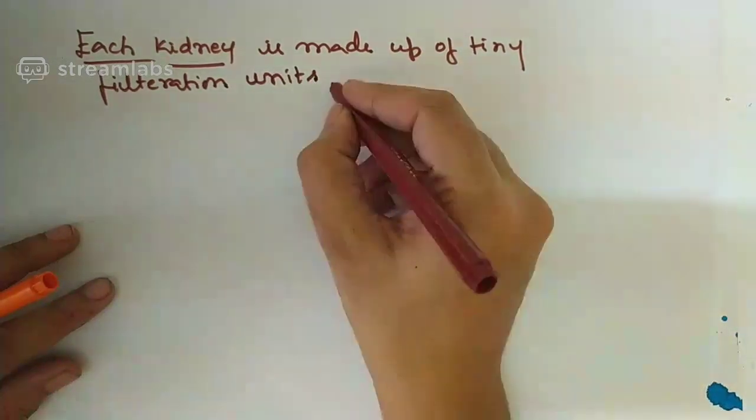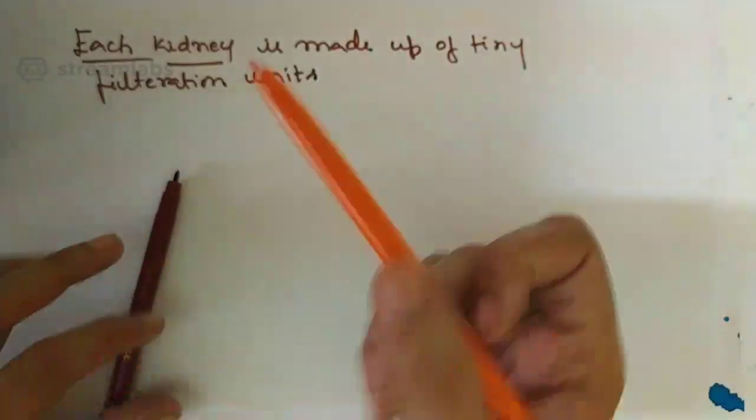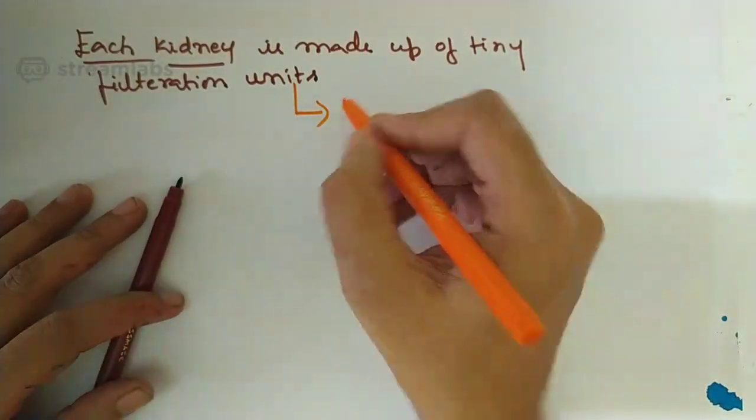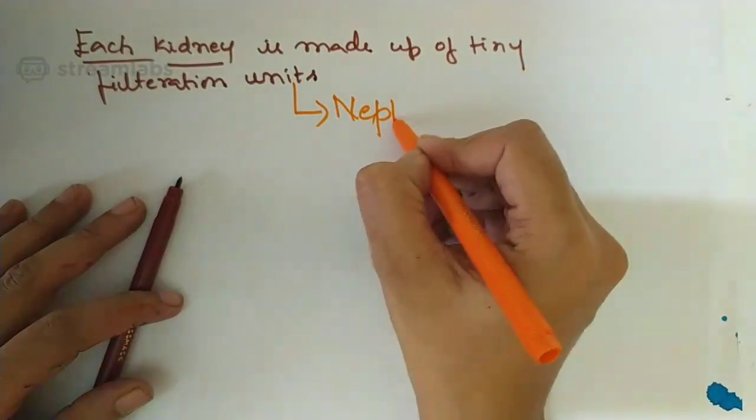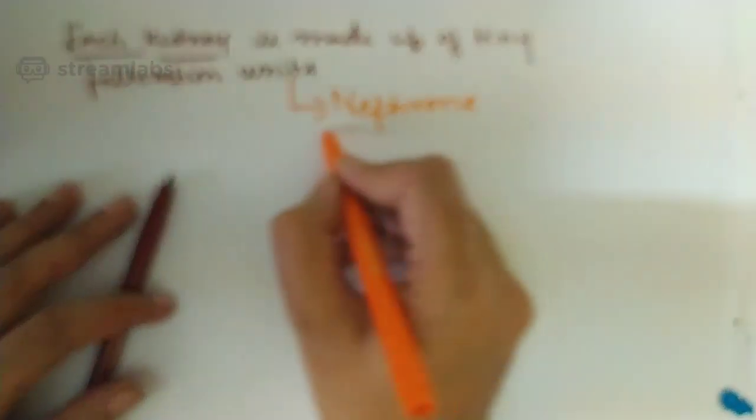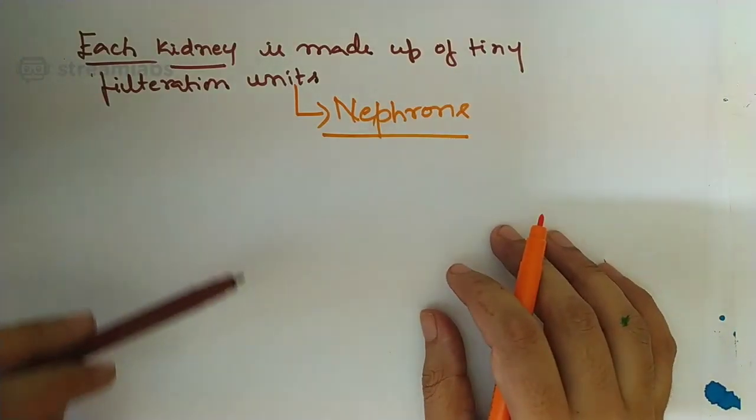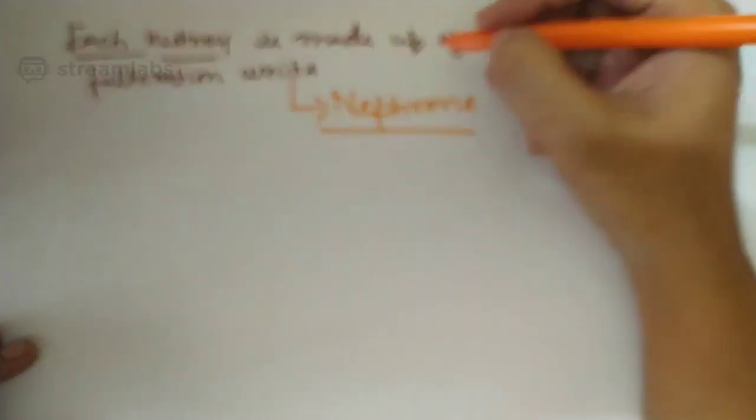What are these tiny filtration units called? They are called nephrons. Each kidney is made up of tiny filtration units called nephrons.